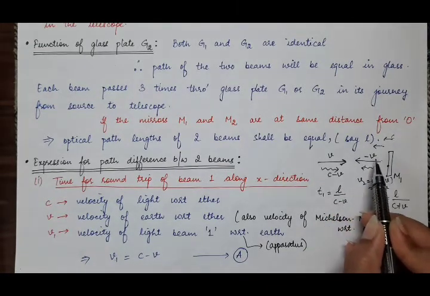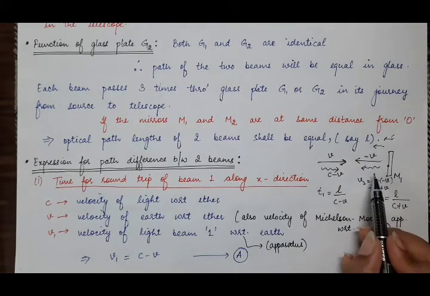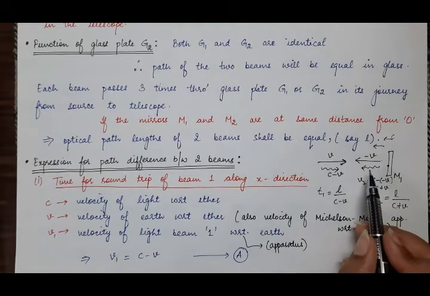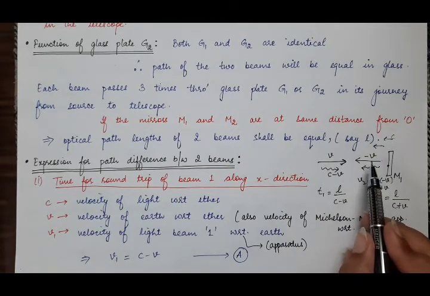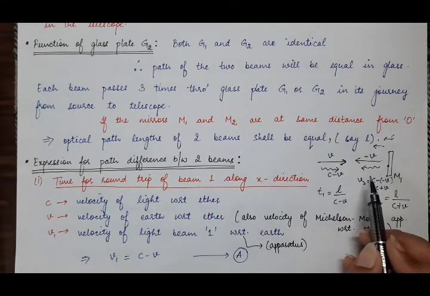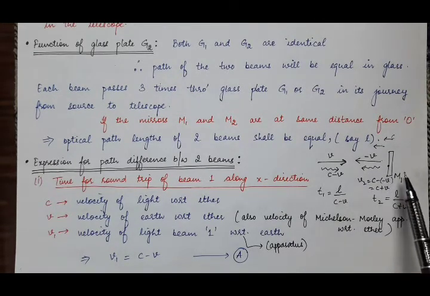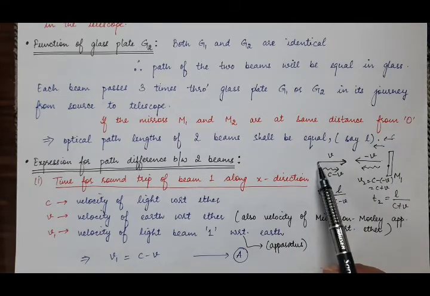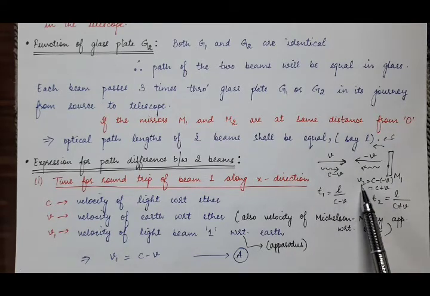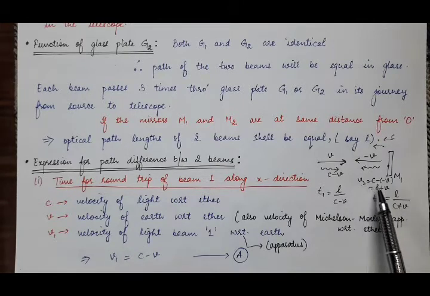Now the direction of ether wind and the direction of beam 1 is the same, because now the ether wind will support beam 1 of light. So during the return journey from M1 to glass plate G1, the velocity of light beam 1 with respect to Earth will be V2, and it is equal to C minus of minus V, means C plus V.